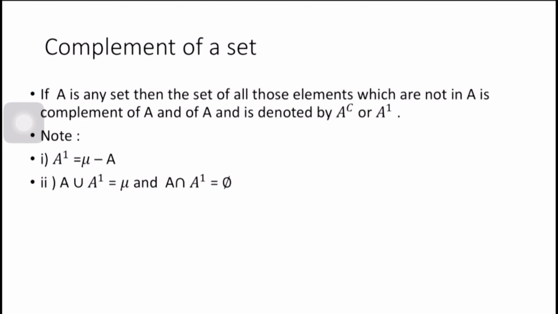A union (B union C) is equal to (A union B) union C. A intersection (B intersection C) is equal to (A intersection B) intersection C. Fifth property, distributive properties. A union (B intersection C) is equal to (A union B) intersection (A union C). A intersection (B union C) is equal to (A intersection B) union (A intersection C).